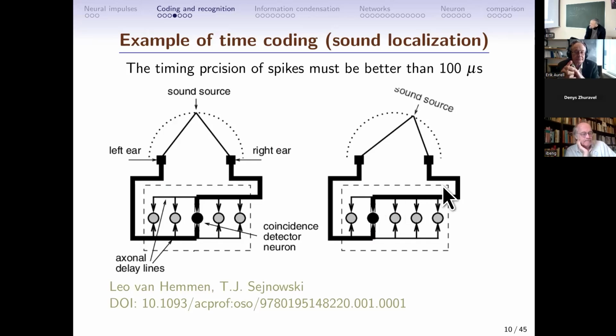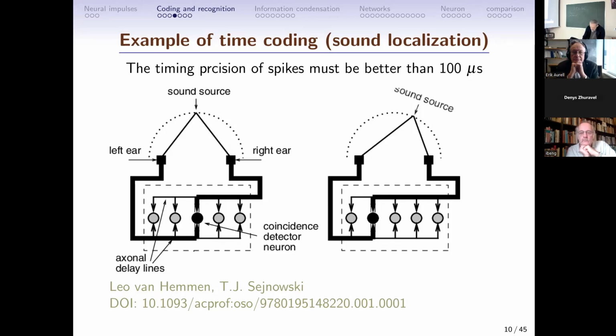So if sound comes from the right, the right ear starts firing before the left one, and the spikes from both ears meet each other in this secondary neuron, which is different as compared with when the sound is just in front of us.